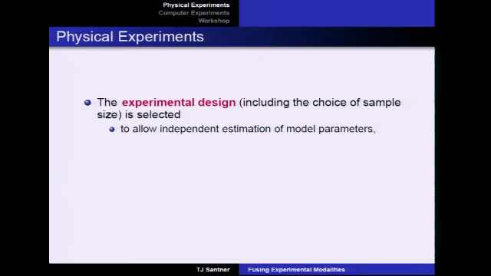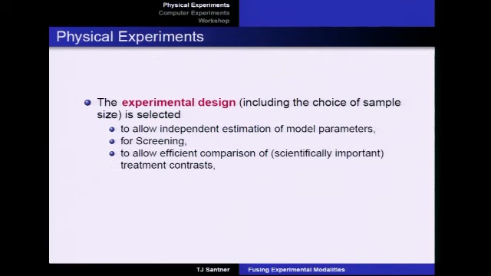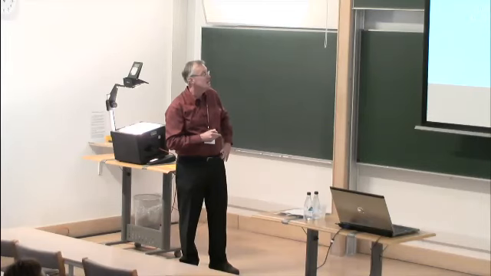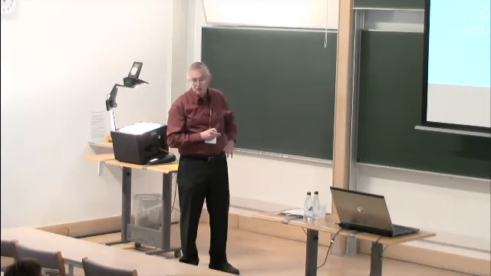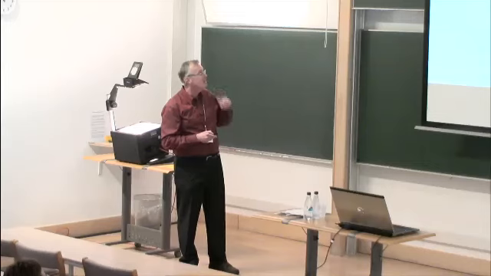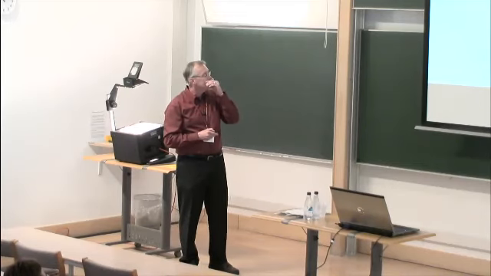In terms of the things that are important for experimental design, of course, independent estimation of those critical treatment parameters, screening, designed for screening to find important sets or active sets of variables, for efficient, that is to say, small variance estimation of treatment contrasts is important to facilitate prediction and many other goals depending on the particular scientific setting.